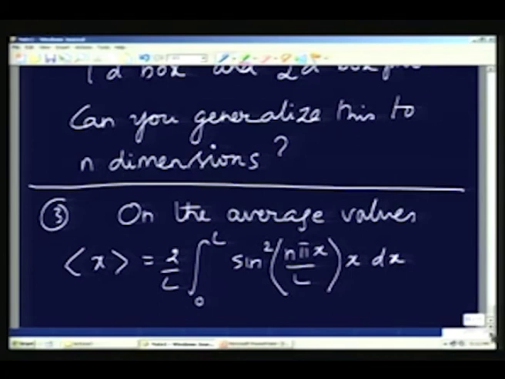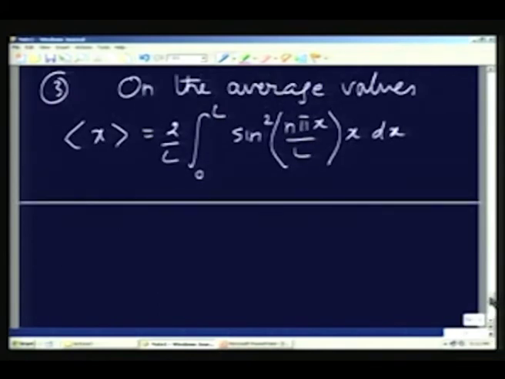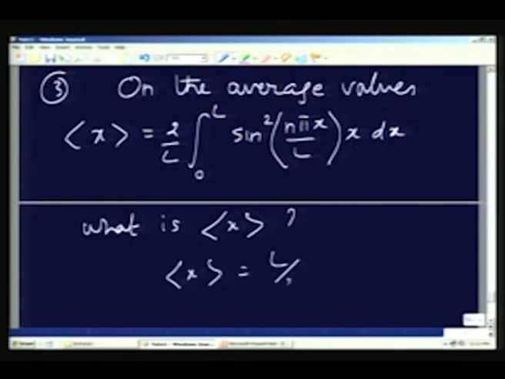What is the average value of x? Or if I give you the answer, verify that the integral gives you that answer. The answer is, of course, x is L by 2.